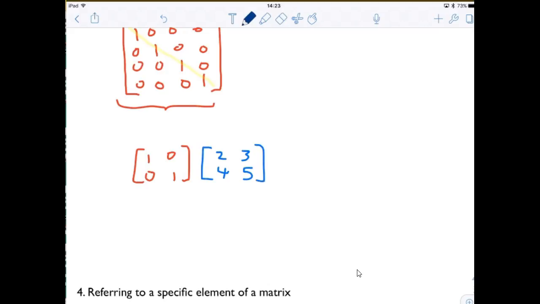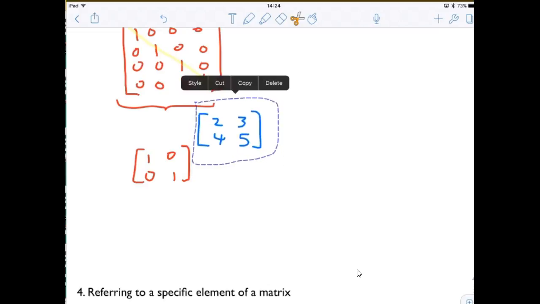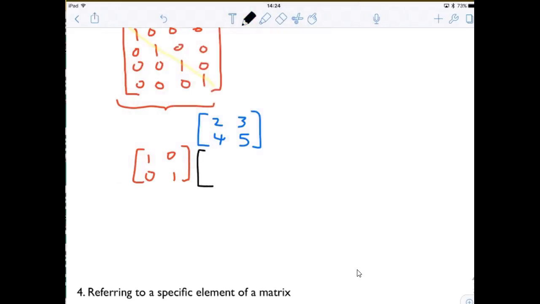And remember that when we are going to multiply two matrices together, one of the easy ways to do it is if we position the first matrix to the left and the second matrix to the right of the answer matrix. So we're going to put the answer matrix here, and we're going to say, okay, first thing I'm going to do is I'm going to multiply this row times this column, and I'm going to multiply the corresponding elements, 2 times 1 and 0 times 4, and I'm going to add those together.